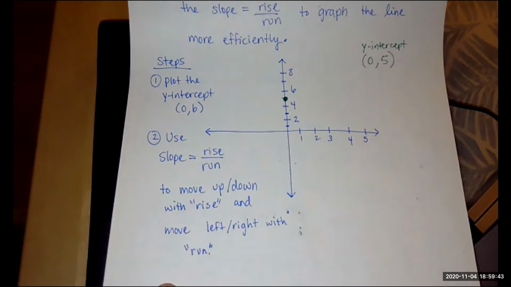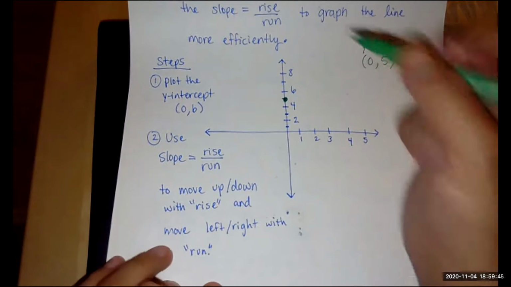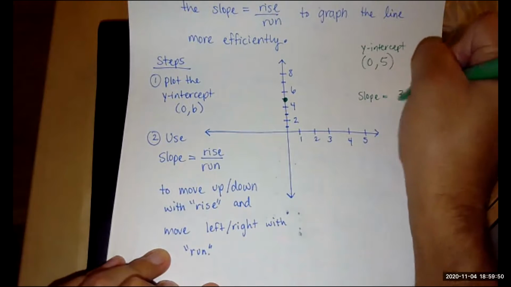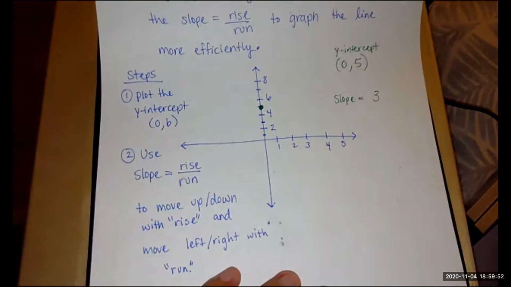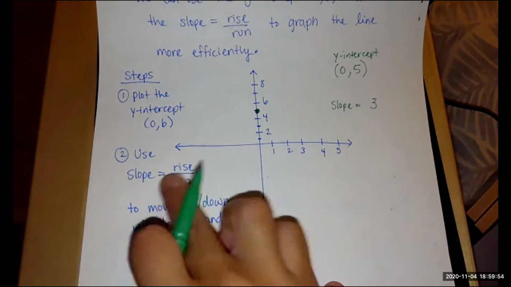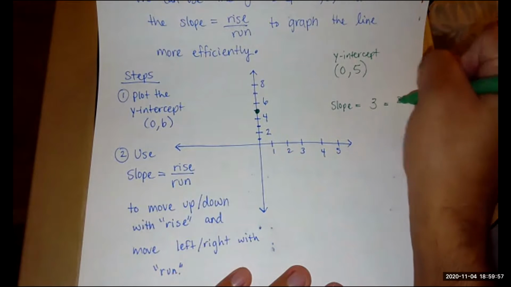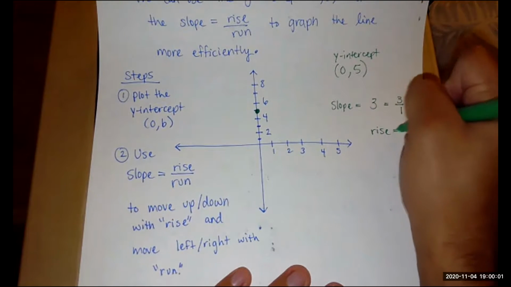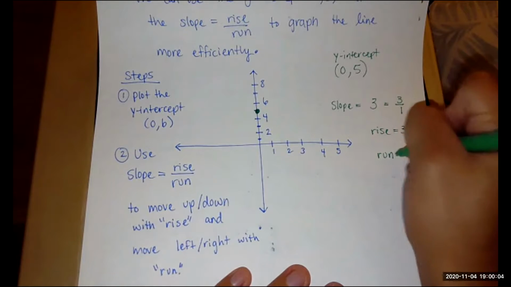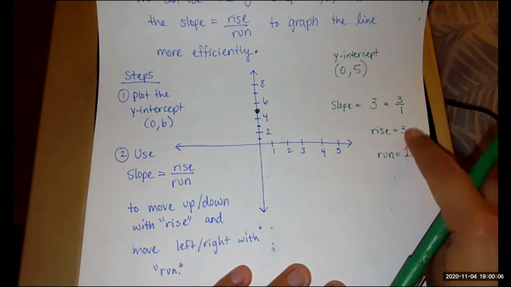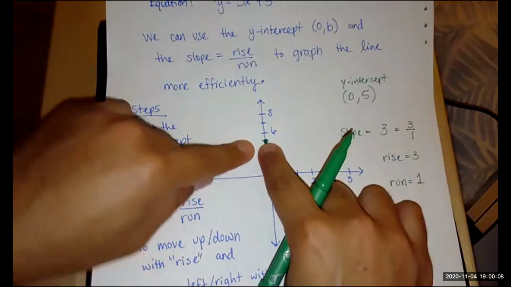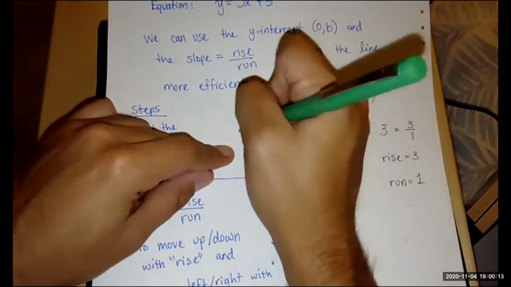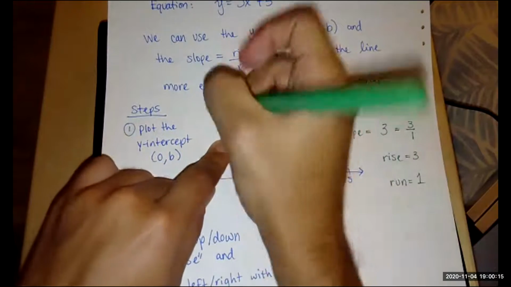So if the slope that's given in this equation is 3, we need that as a fraction so that we can use the rise over run definition, so we'll call this 3 over 1. That means we need to rise 3 and run 1. Since this is positive, I'm going to count up 1, 2, 3 spaces, so I go up 3, that's the rise.